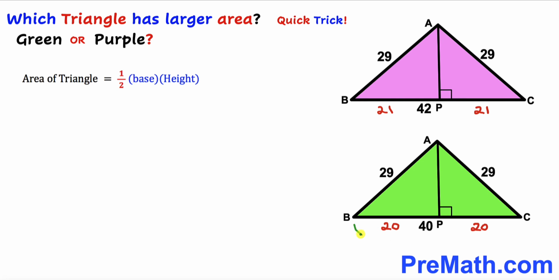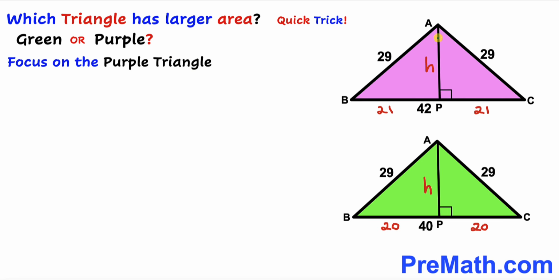And likewise for this green shaded triangle, its base is 40, so we are going to find the height of this perpendicular AP as well. I'm going to label this perpendicular height as lowercase h. Likewise this is going to be lowercase h as well. Now our task is to find the value of height h, and likewise the height h of this triangle as well.